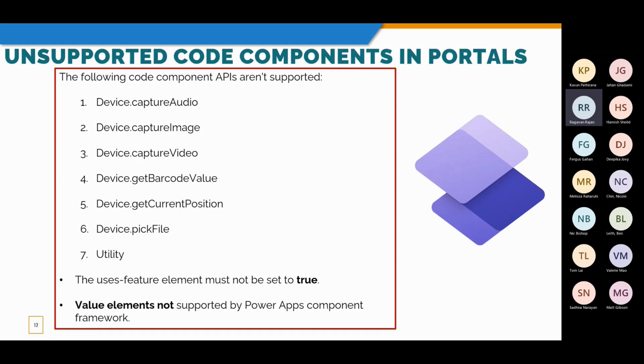And also there are some other fields which are currently not supported, like capturing images, videos for Power Apps, and also the device picker and the current position. So these are all not supported, but for Power Pages, you can also utilize the web API, and then you can call your own customized API and then bring the data within Power Pages. So that is also possible.